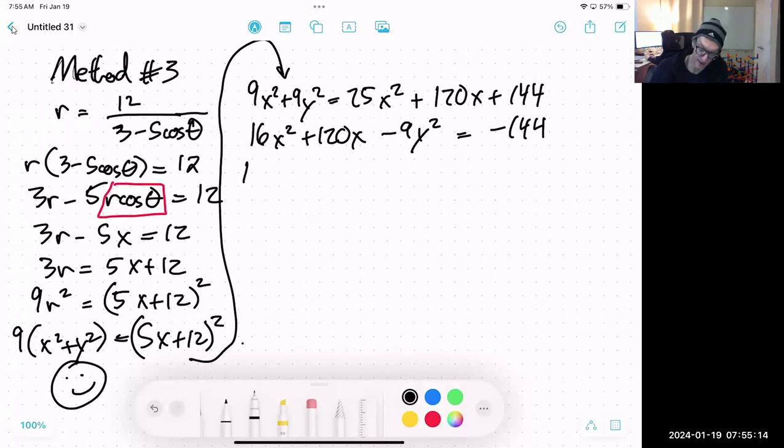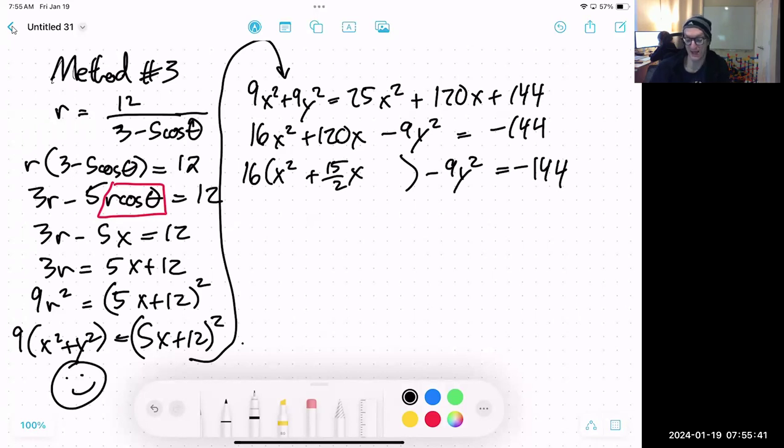And so now I have to factor out a 16, which is not so easy to do. So 16 times what equals 120? 120 over 16, 60 over 8, 30 over 4, 15 over 2. So there's definitely more algebra to do this way.